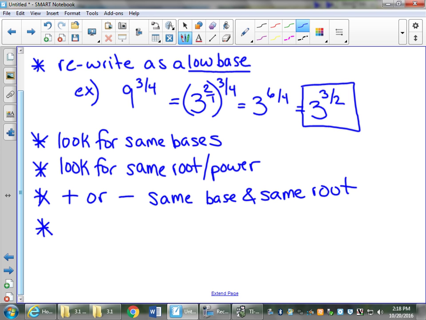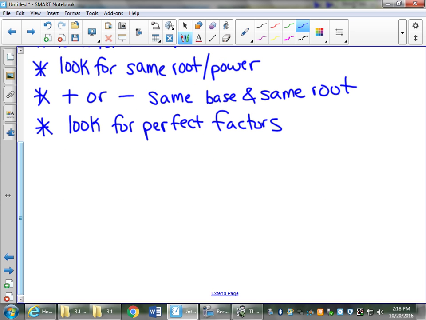And the last strategy is to look for perfect factors, to try to break down in radical notation. This is something we did during our quadratic unit. So a quick example of that.